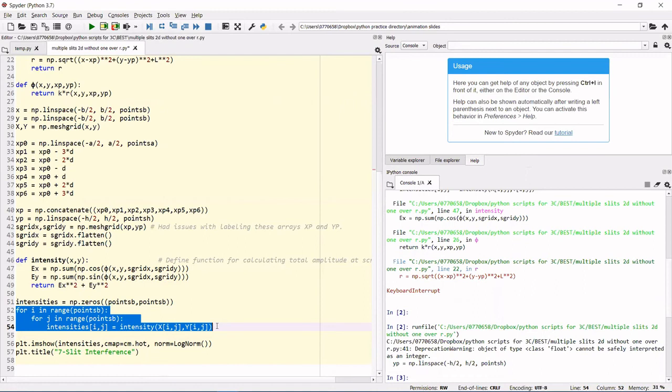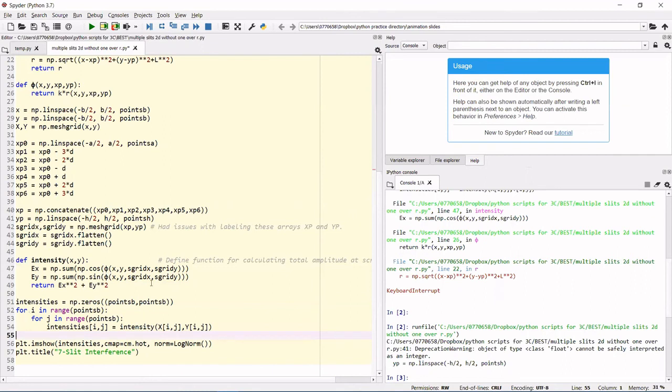For each point on the screen, I made that 3 centimeter by 3 centimeter square patch and then filled it with a bunch of pixels. And for each pixel, I'm saying, at that point, calculate the wave from slit 1, calculate the wave from slit 2, calculate the wave from slit 3, and then add up all those waves. It's even more complicated than that, because I'm actually looking at all the waves from each individual slit.